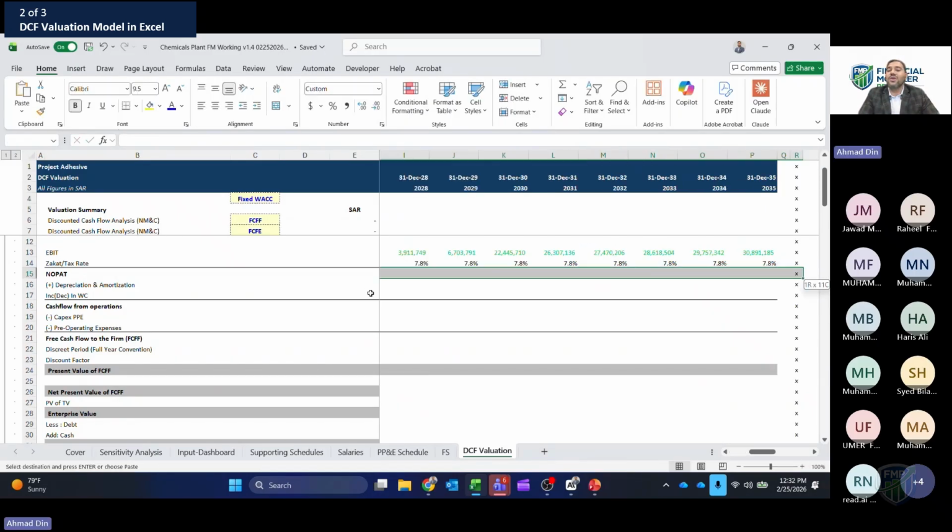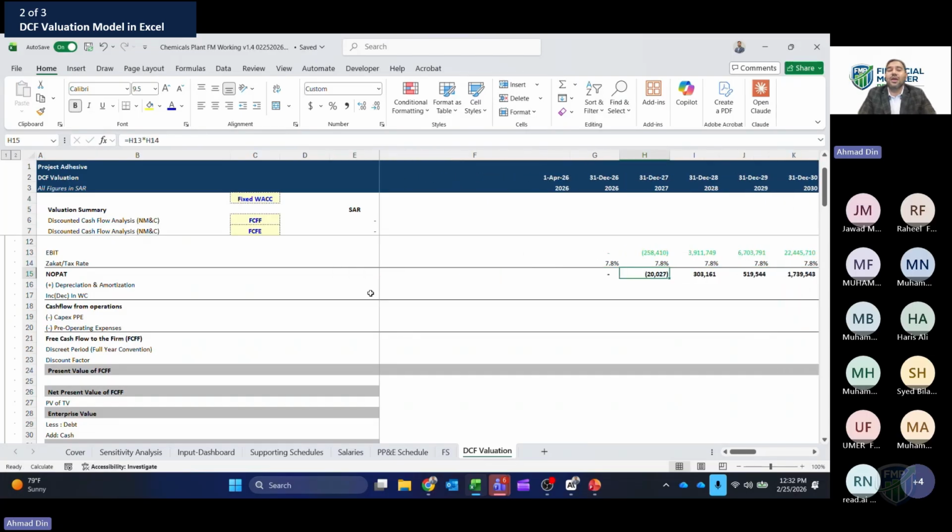In calculating this, we need to consider one thing: if our EBIT is negative, if income is negative, why do we have to calculate the Zakat? So we need to apply a condition on this. If our net income is greater than 0, the result will be our net income multiplied by the tax rate, otherwise 0.